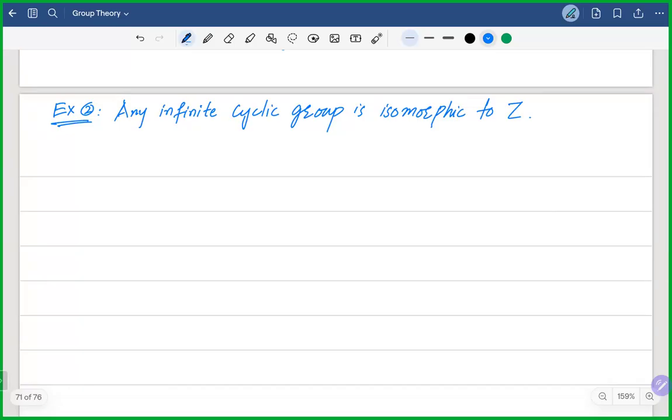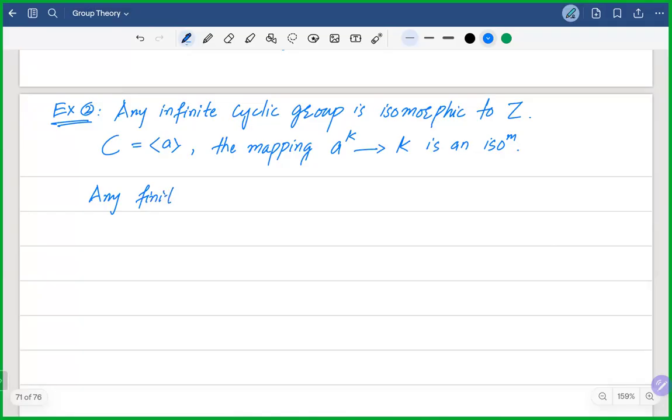Indeed, if A is a generator of a cyclic group, so let's say we have a cyclic group C, and it is generated by A, then the mapping A power k going to k is an isomorphism.